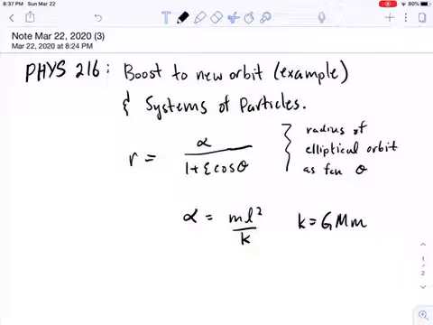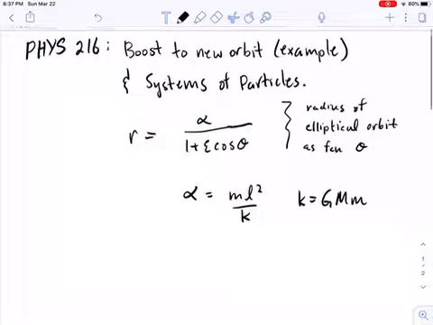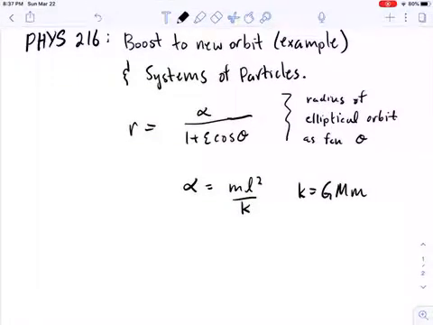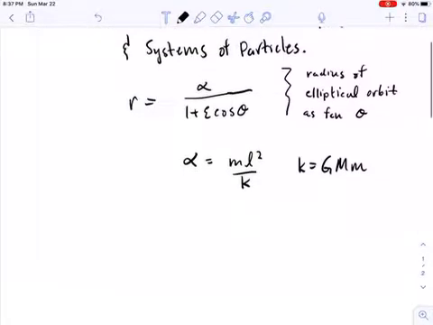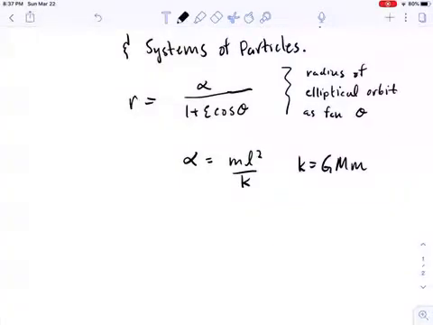Epsilon is the eccentricity of the orbit, and alpha was a collection of constants where m is the mass of the orbiting object, L squared is the angular momentum of that object divided by its mass, and k is the gravitational constant times the product of masses, where big M is the mass of the object that is being orbited.